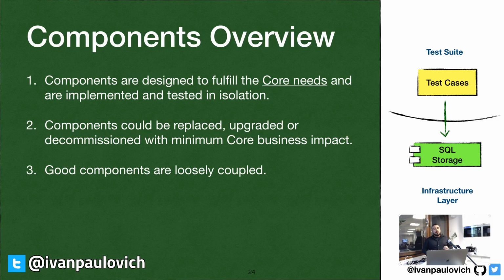Later on, when you decide on the technology that you are going to use, you can implement the real database, the real user interface, using the concrete libraries and frameworks, but implemented isolated in a way that you can replace, upgrade, or decommission, always looking for loose coupling.